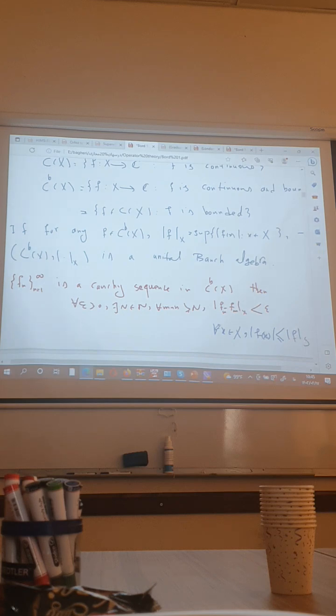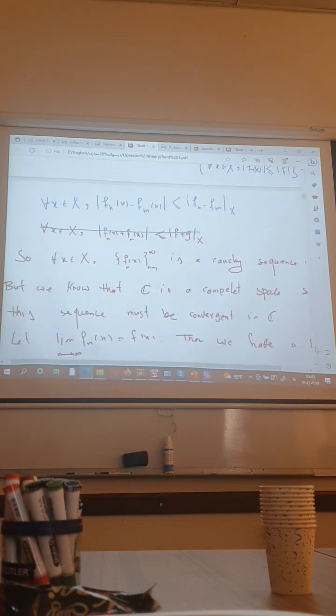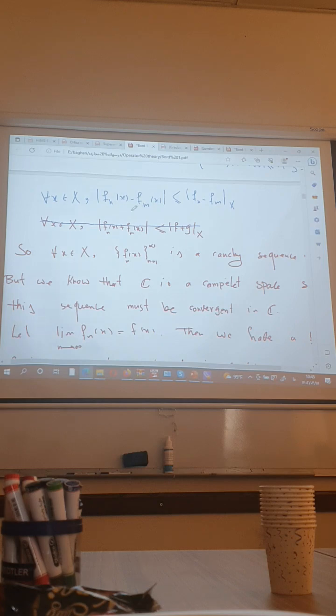So all of this is less than this supremum. This shows that this sequence is a Cauchy sequence in complex numbers. But we know that C is a complete space, so this sequence must converge.